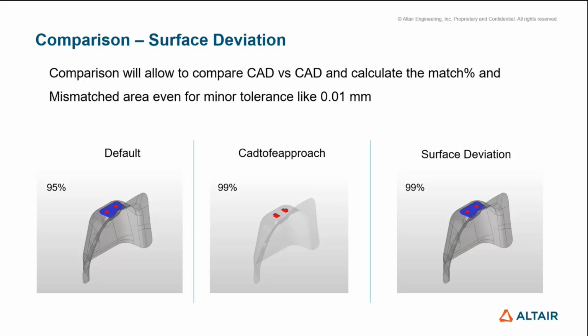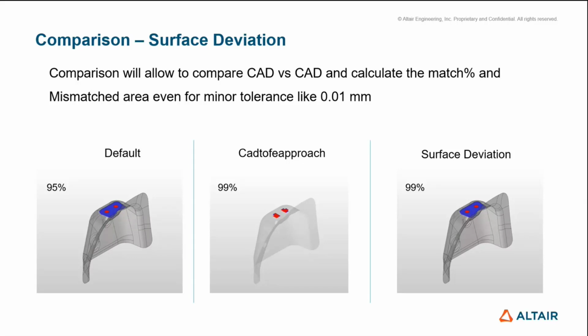So we need a result like the CAD to FE approach, but with performance similar to the default. So now we have developed this surface deviation method, particularly for this use case, a huge model, just like a designer working in CAD software who wants to run it and identify the mismatch. The surface deviation method combines both of these technologies and gives a very accurate result, and the tolerance can be even 0.01.